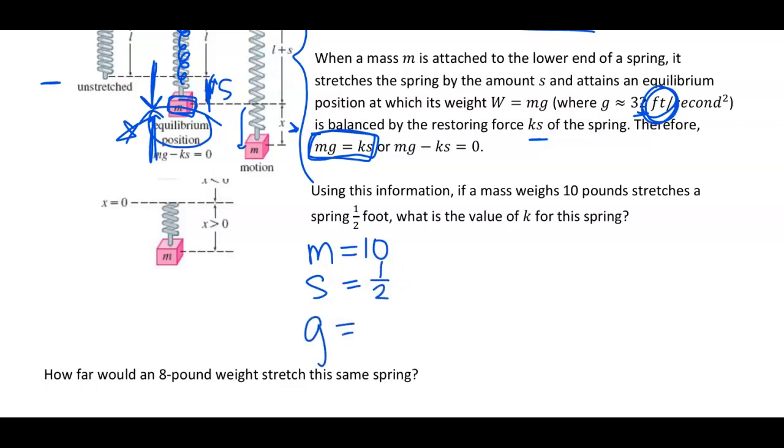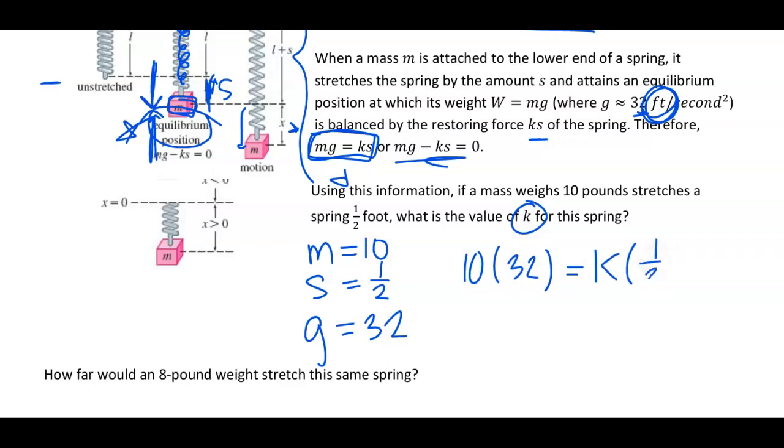We're using that gravity is 32, and so what's the value of K? You can use either one of these. I prefer this equals, so 10 times 32 equals K times a half. This would be 320, and so K must be 640.